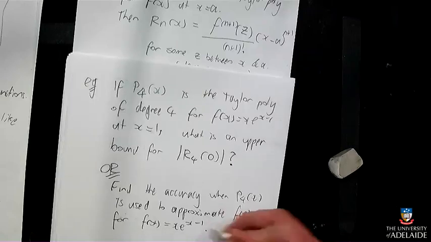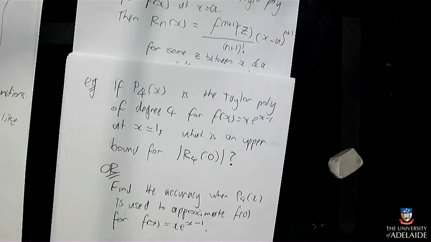Something like that. What's the accuracy is another way of asking what's the remainder. Like what's the upper bound for the remainder.